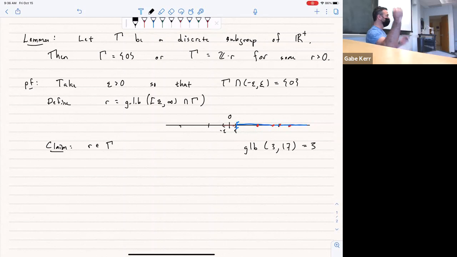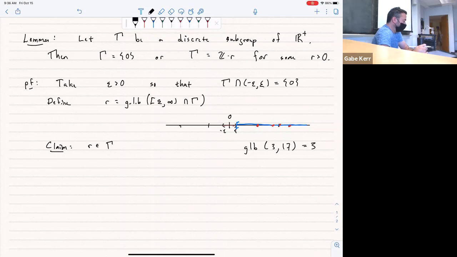If I take an open interval and take the greatest lower bound, it won't be. It's just the biggest possible bound that you can have. So we want to say that it is in gamma. Is it clear what we wanted?